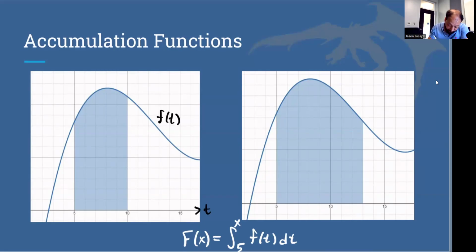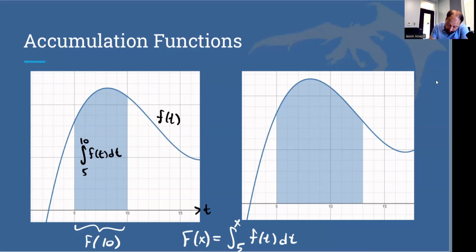And then what's drawn on the left, this area here, this would be capital F of 10. Right, so the area there is the integral. This area here is the integral from 5 to 10 of f of t dt.